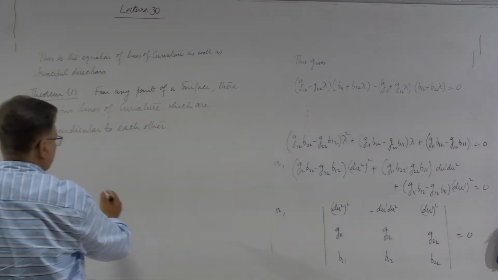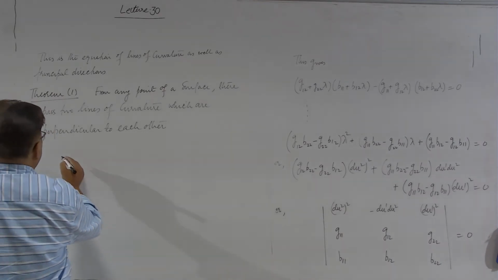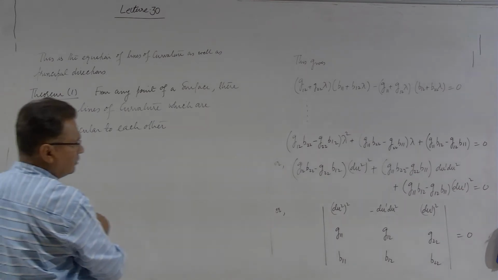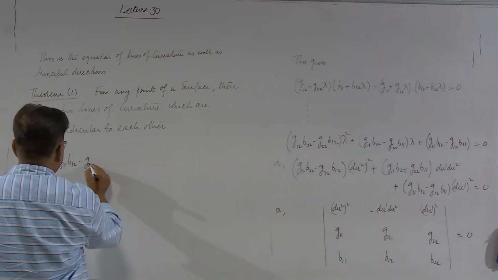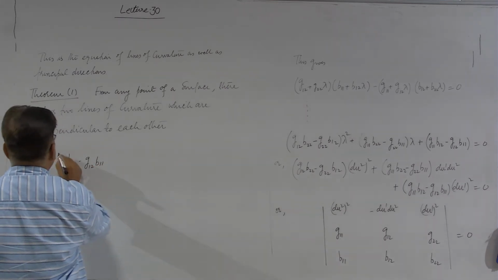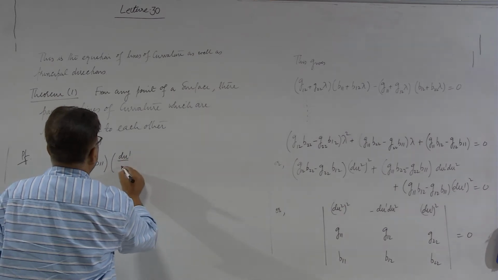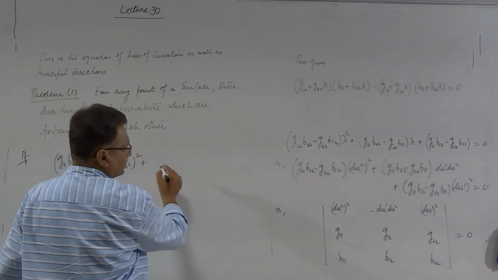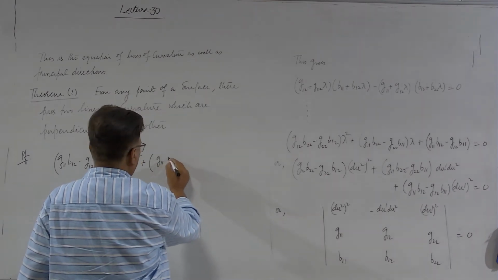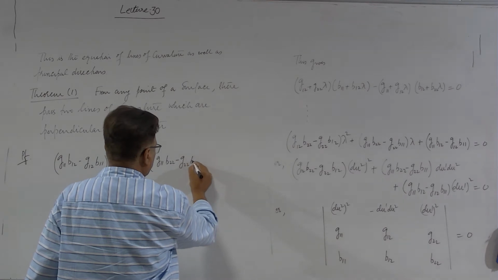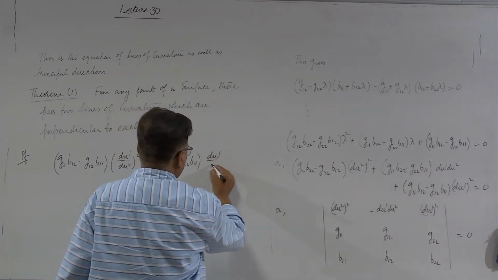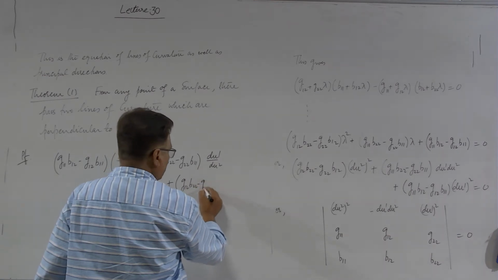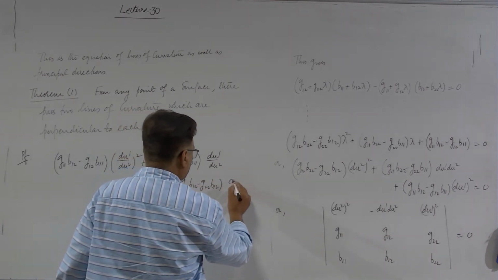So, the equation of the principal direction and lines of curvature can also be written as G11 into B12 minus G12 into B11 into du1 upon du2 square, okay, and then plus G11 into B22 minus G22 into B11 du1 upon du2, and then plus G12 into B22 minus G22 into B12, okay.